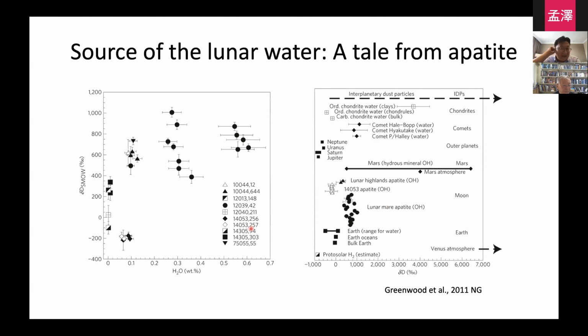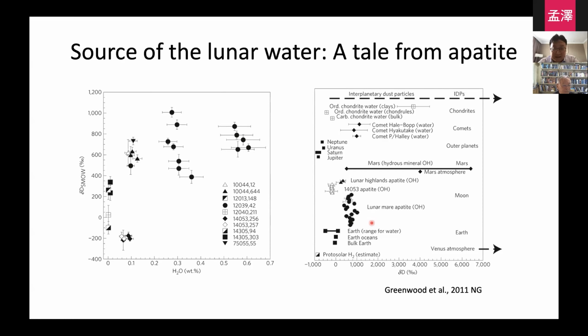They showed that the hydrogen isotopes of these lunar apatites indicate that there are several sources for the water in the lunar interior.